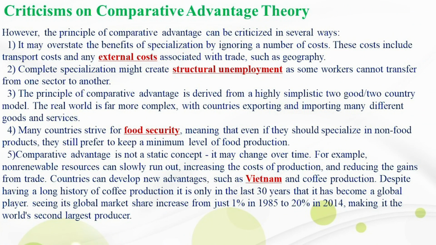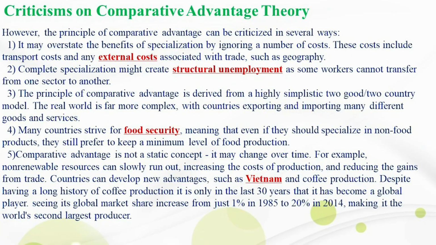5. Comparative advantage is not a static concept. It may change over time. For example, non-renewable resources can slowly run out, increasing the costs of production, and thus reducing the gains from trade. Countries can develop new advantages, such as Vietnam and coffee production.